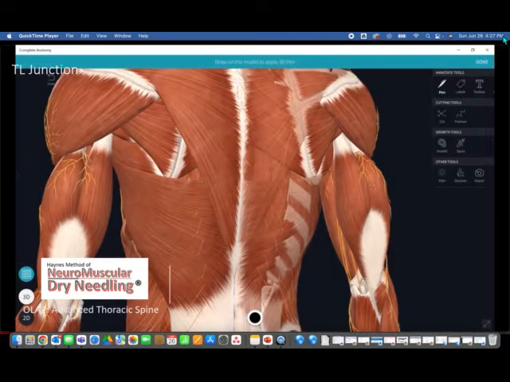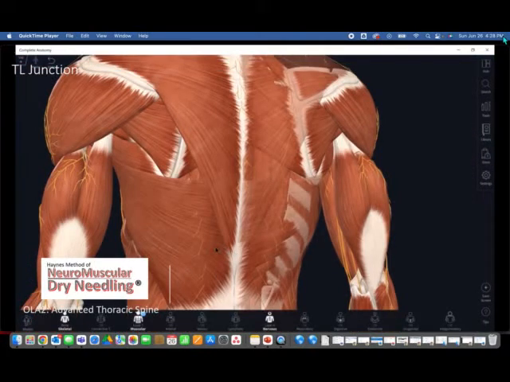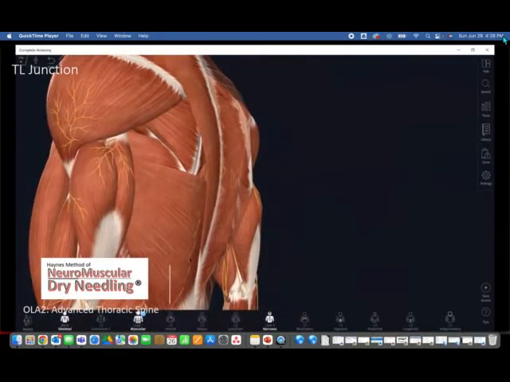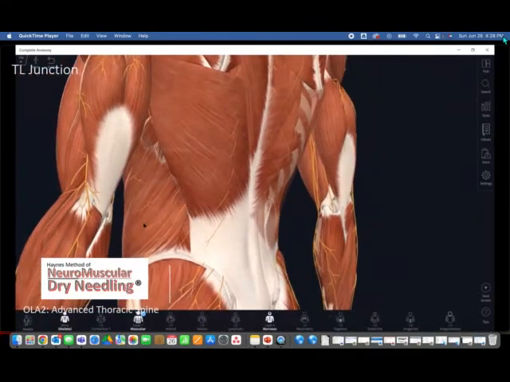So let's clear that. We'll get to our tertiary locations, and here there are different locations to do the transversus abdominis and the obliques. One of the easiest ways to get those is with your patient in the side-lying position.